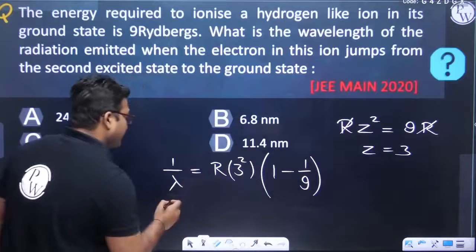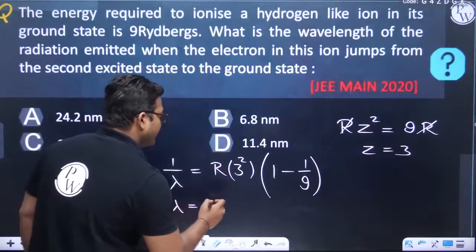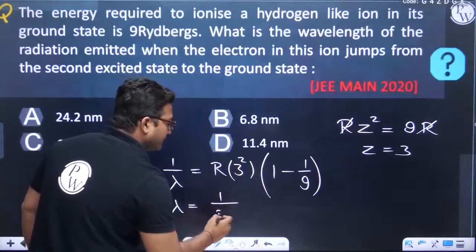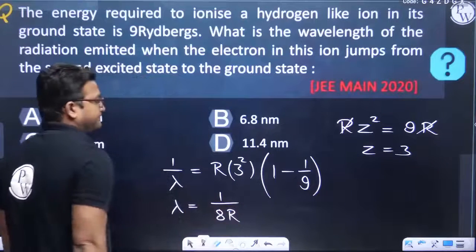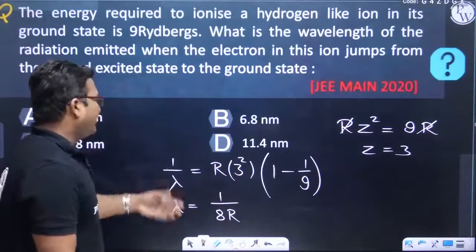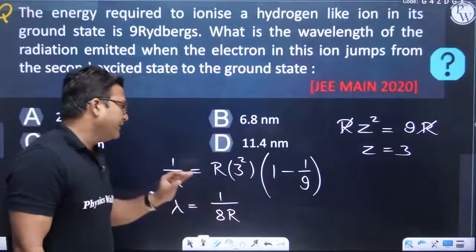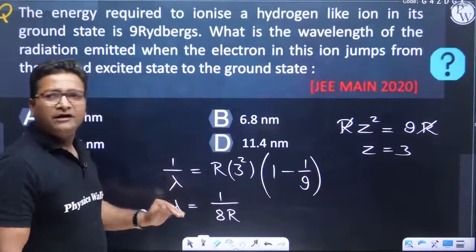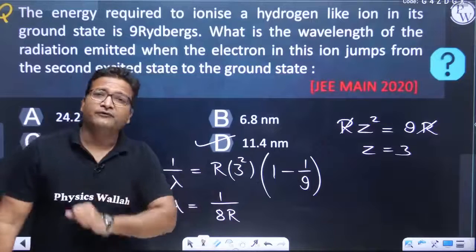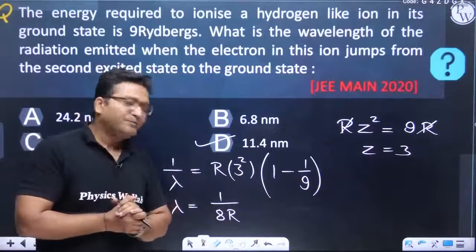And from here, the 9 will be cancelled, and we have 8R. So now if you have to answer this in nanometer, put the value of the Rydberg constant and you will see the lambda will come out to be nearly 11.4 nanometer. So that is your perfect choice.